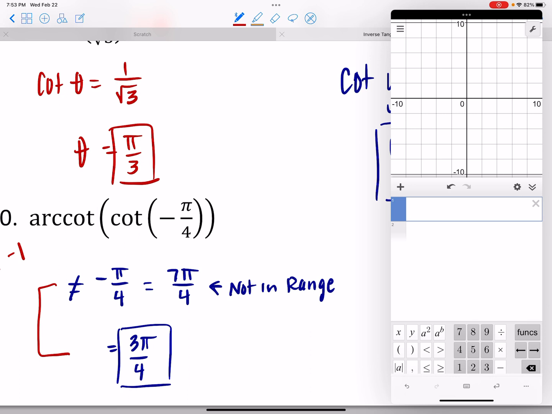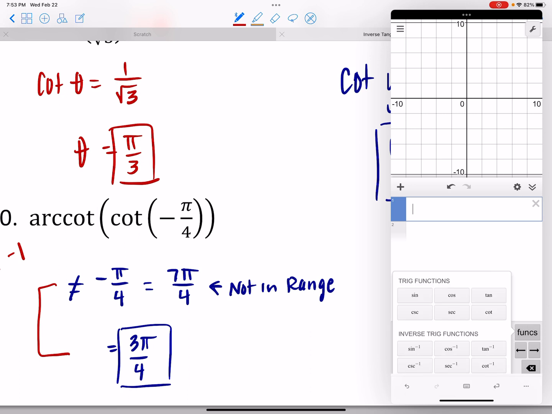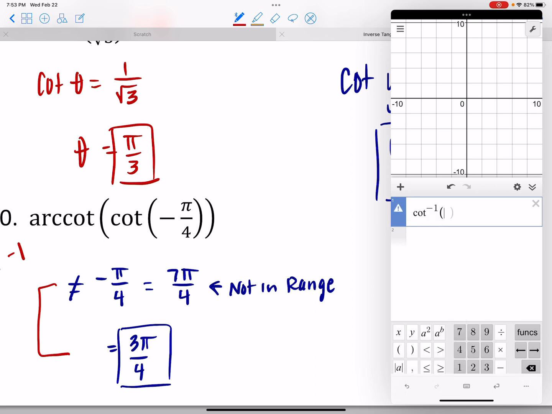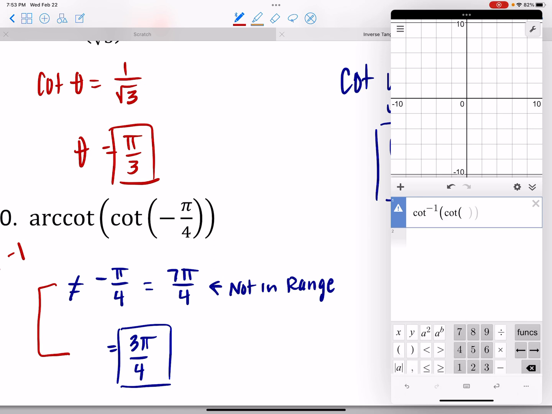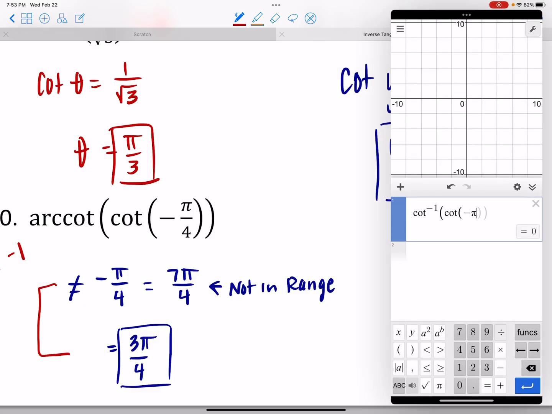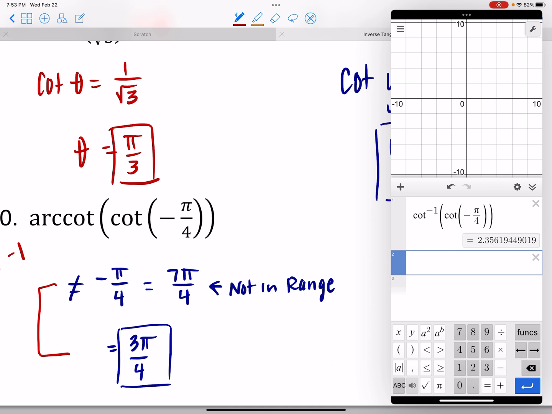If I wanted to take the arc cotangent, remember that's the inverse cotangent, we put that in there, of the cotangent of negative pi over 4, it's going to give me some decimal approximation. According to what I have on my paper, that decimal approximation should be equal to 3 pi over 4.